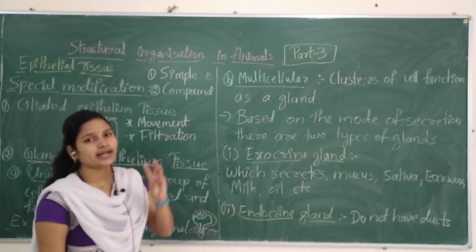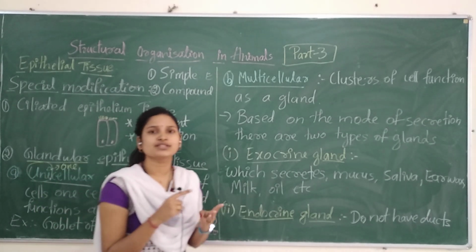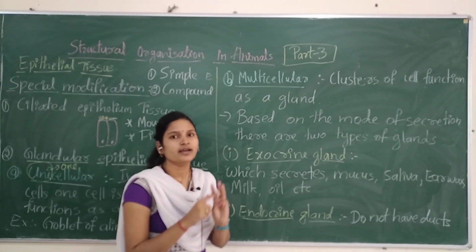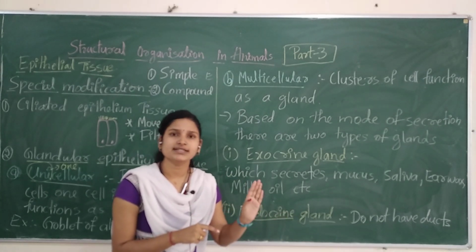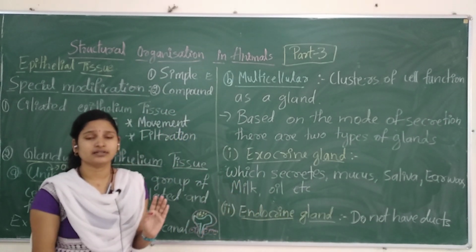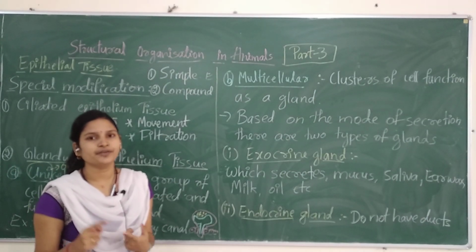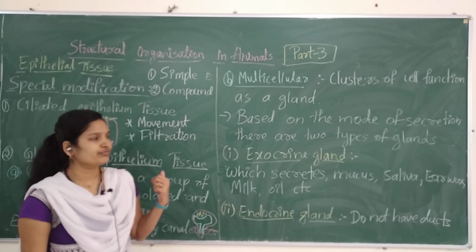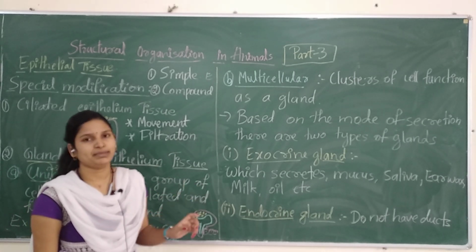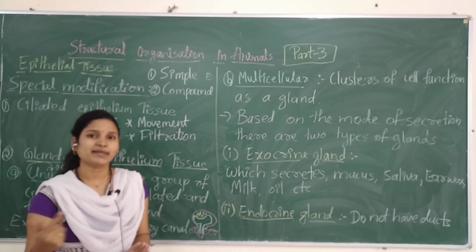In that simple, again three types: squamous, cuboidal, columnar. And we are studying the special cases today. First we have seen the ciliated, and next the glandular epithelium. These two are the special cases.